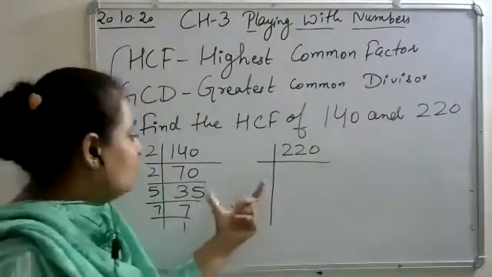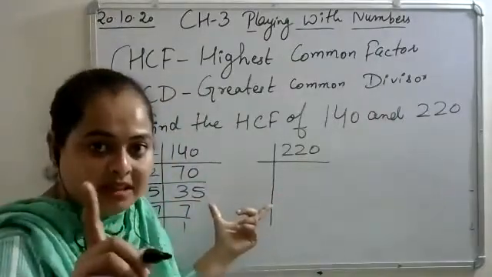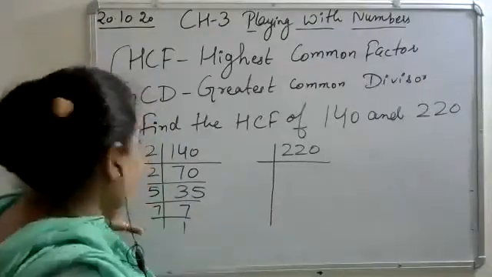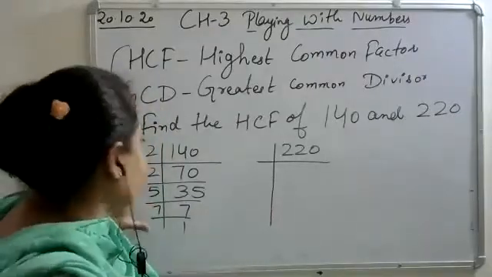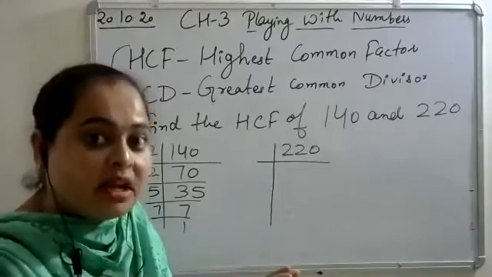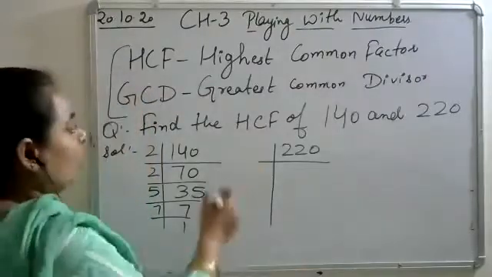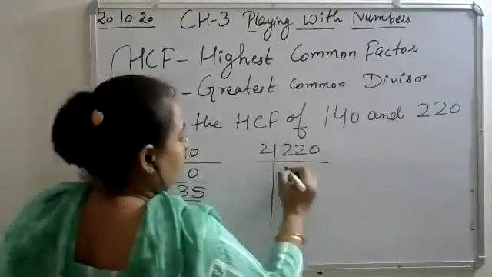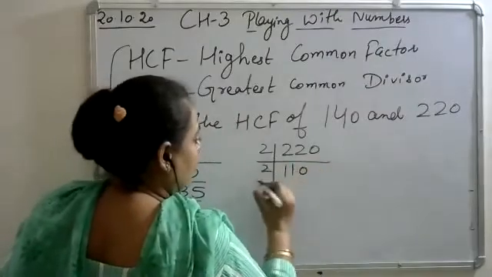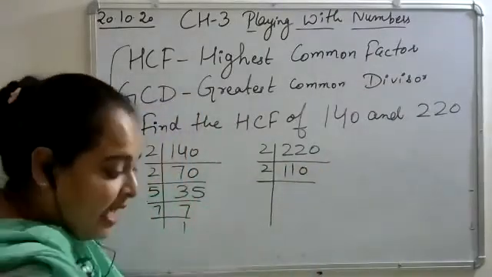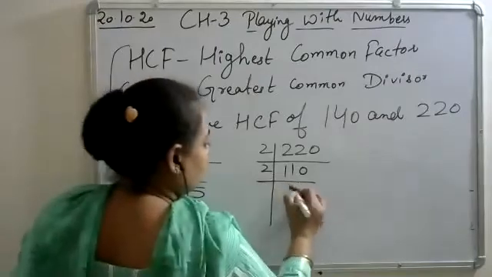This method is not known as LCM method. No. What is the name of this method? This method is known as the prime factorization method. So 2, 110. Again on 2, we have 55.